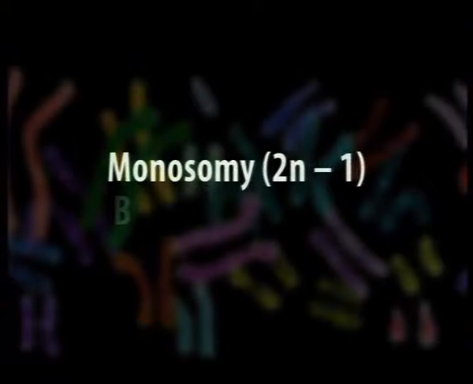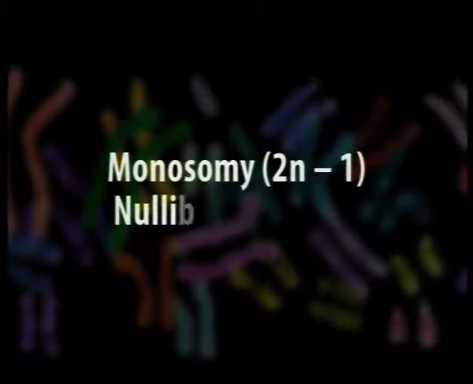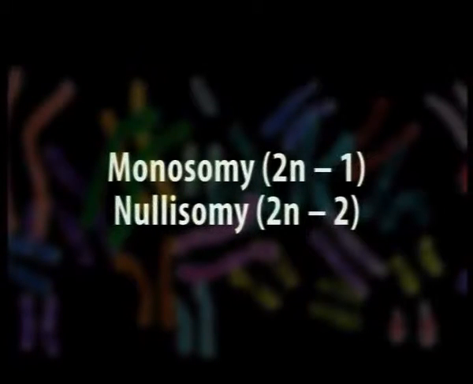Hypoploidy is further of two types: monosomy, which means the loss of a single chromosome from the somatic chromosome number, designated 2n minus 1, or nullisomy, designated 2n minus 2, that is, loss of two chromosomes.